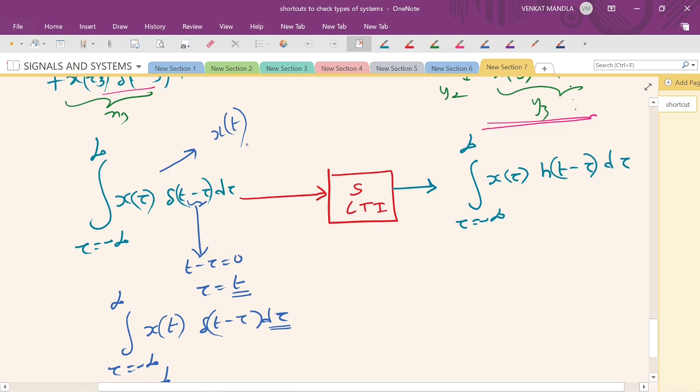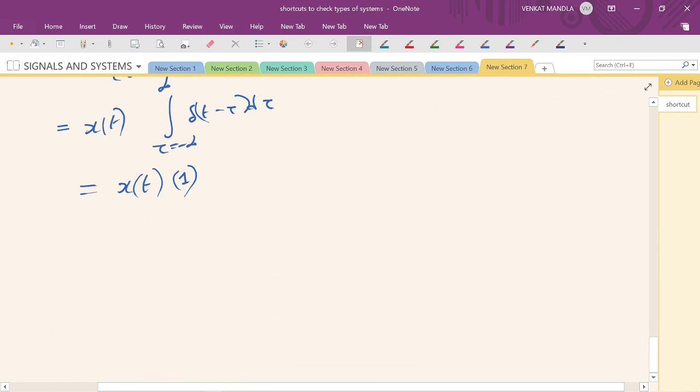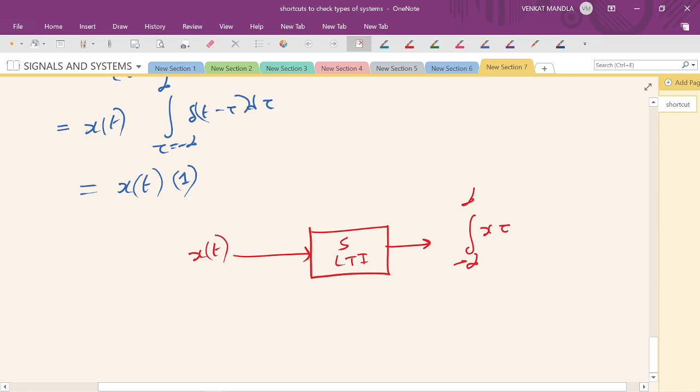We are giving x of t as the input, and we are getting the output integral of x of tau h of t minus tau d tau. So I will write that here. This is the LTI system. I am giving x of t as the input and getting the output, the integral from minus infinity to plus infinity of x of tau h of t minus tau d tau, only if the system is linear time invariant.